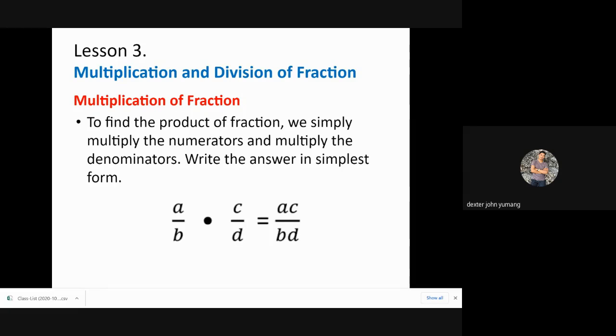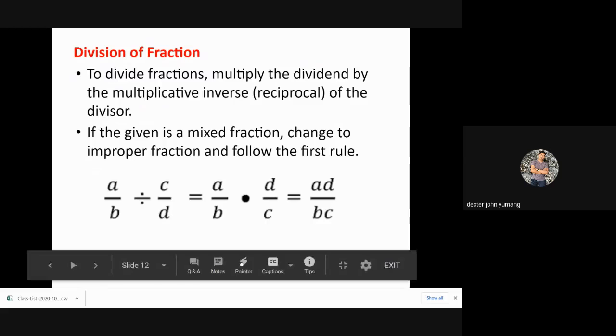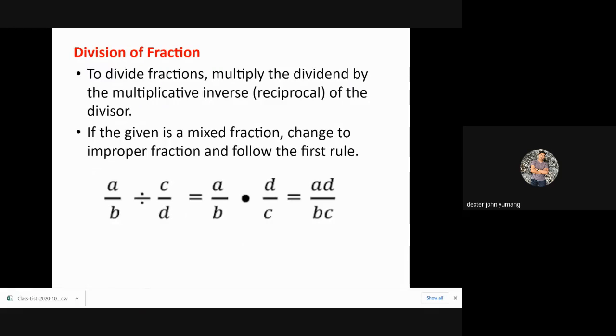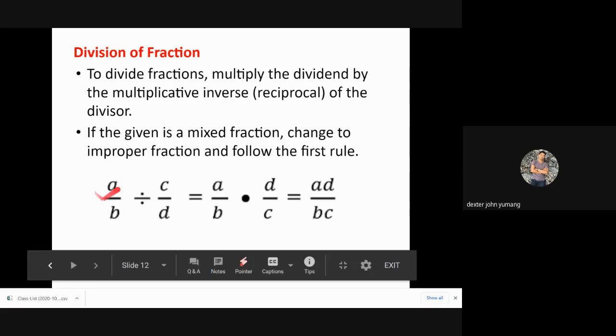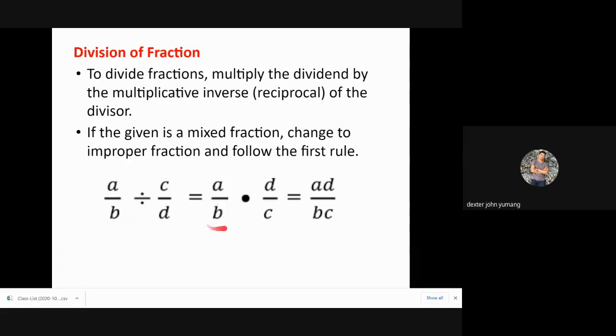What about division? So sa division of fraction naman, kindly look at the symbol. A over B divided by C over D. Yung A over B, pagdating dito, A over B pa rin siya.